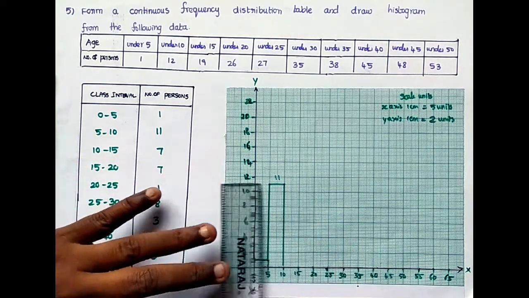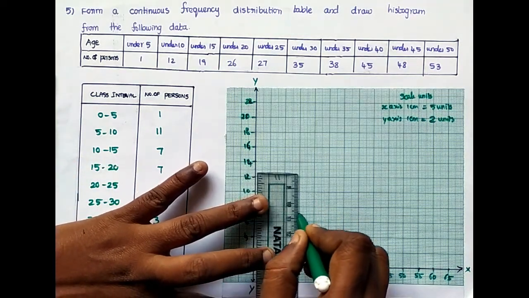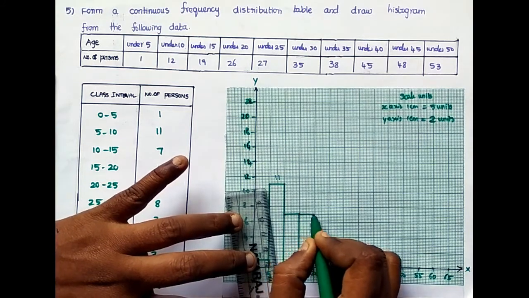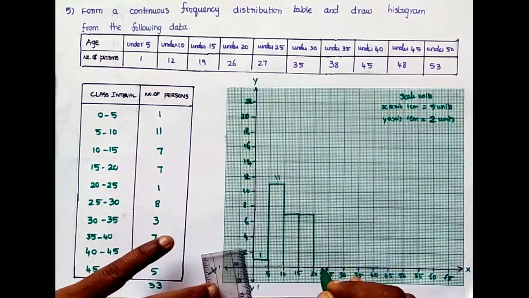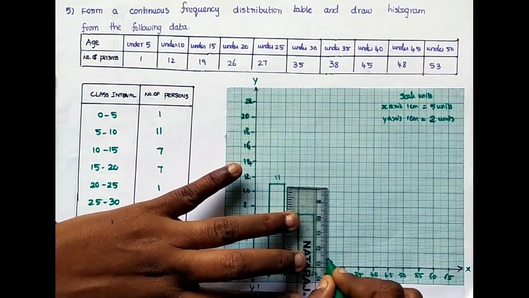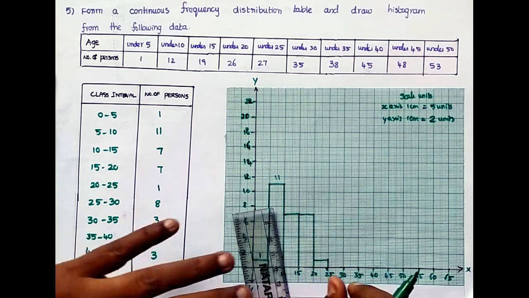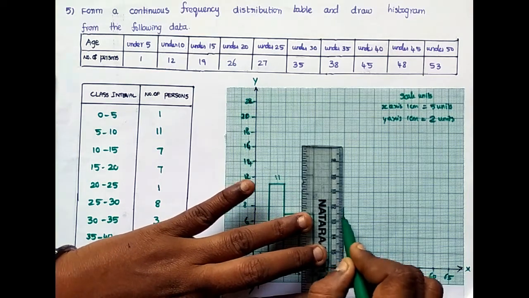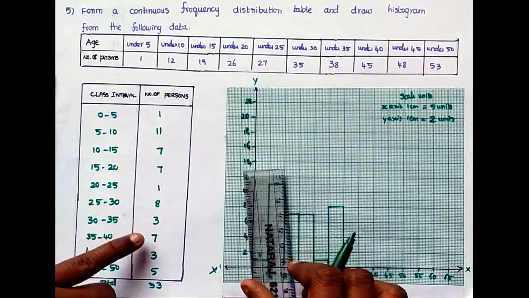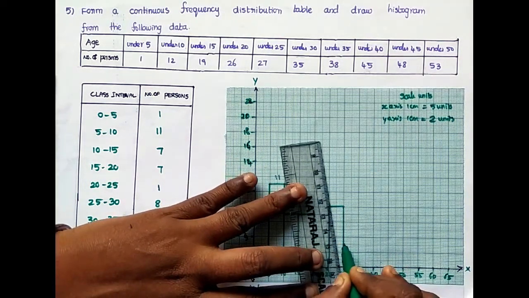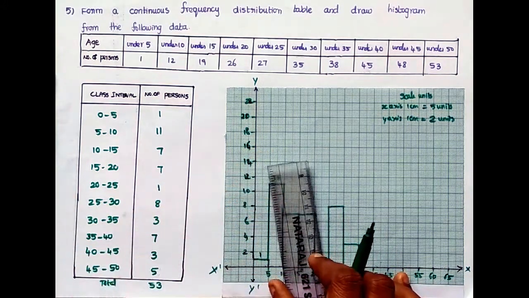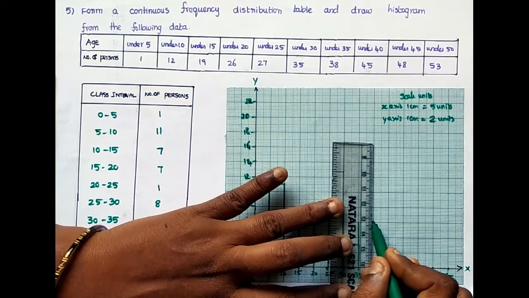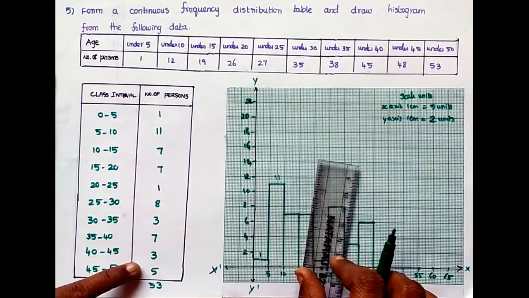Next one 7. Here 7. Next also 7. Next one 1. Next one 8. Three. 7. 3 again.